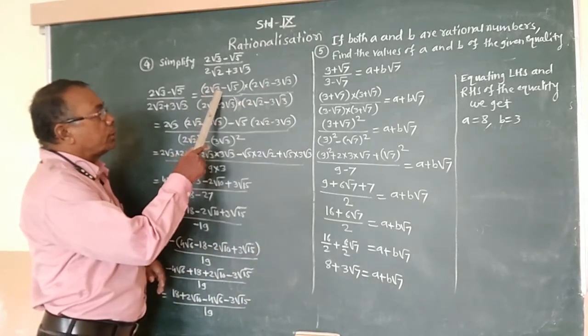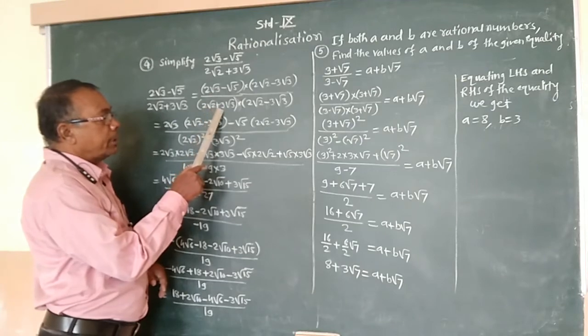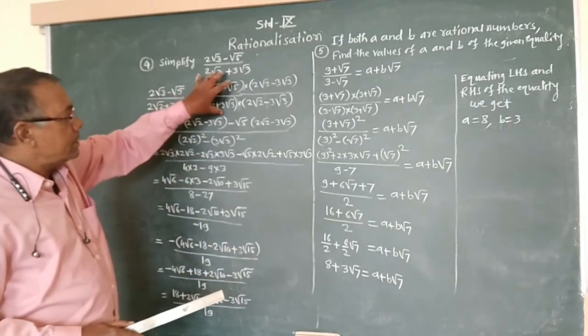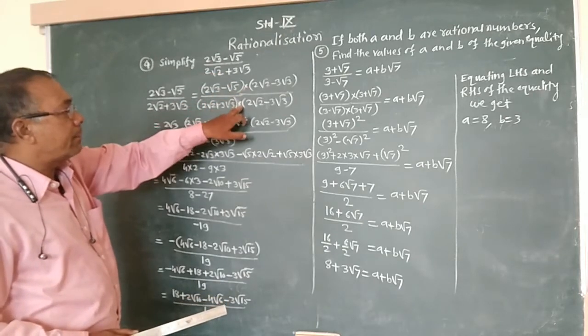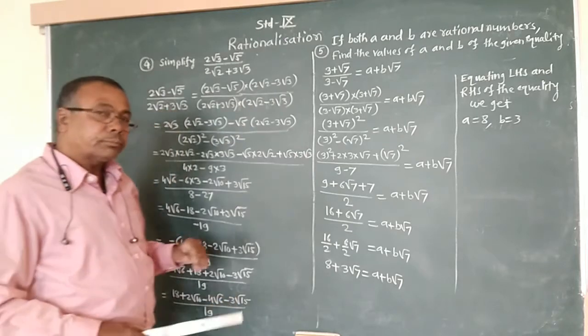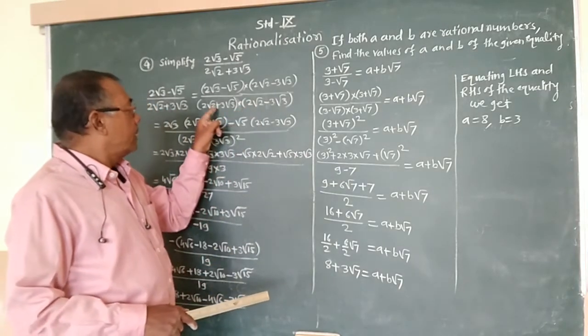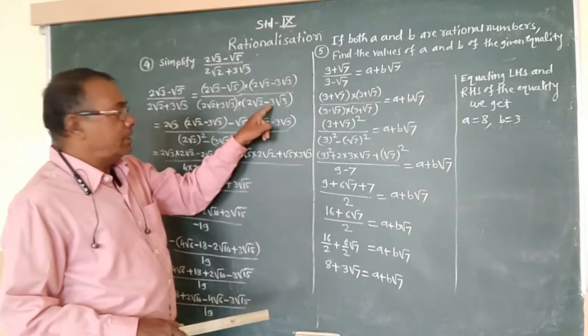So 2 root 3 minus root 5 over 2 root 2 plus 3 root 3, that is the given expression I have written here, and this numerator and denominator is multiplied by the rationalization factor, that is 2 root 2, and here I have taken minus 3 root 3.